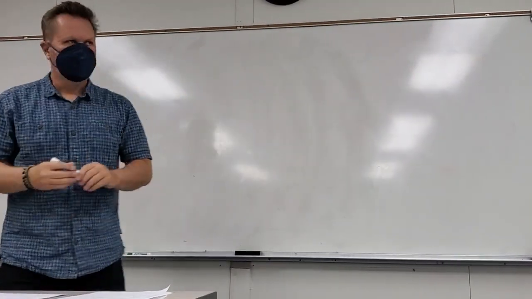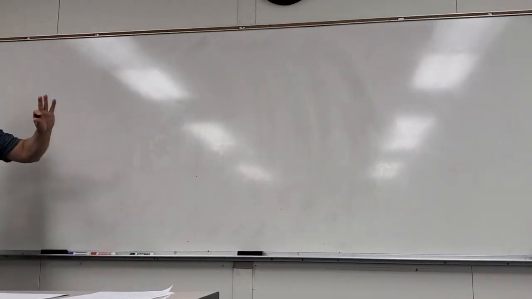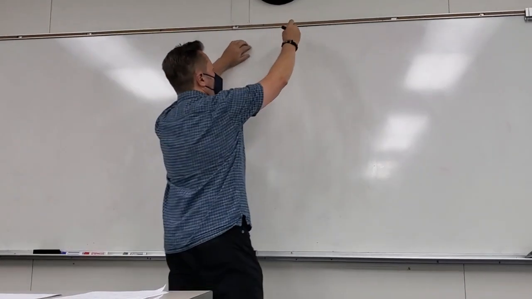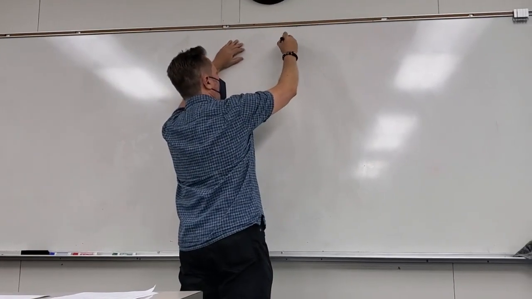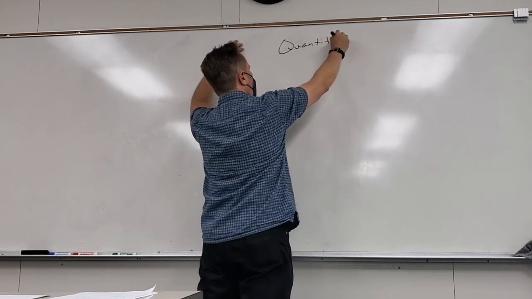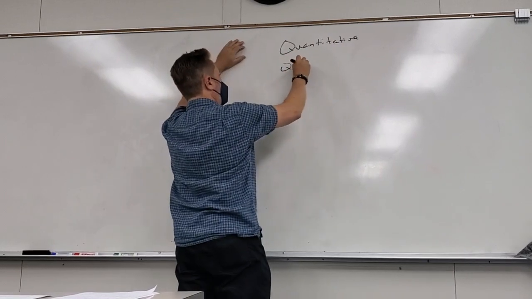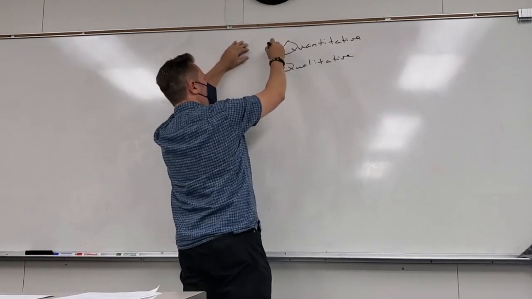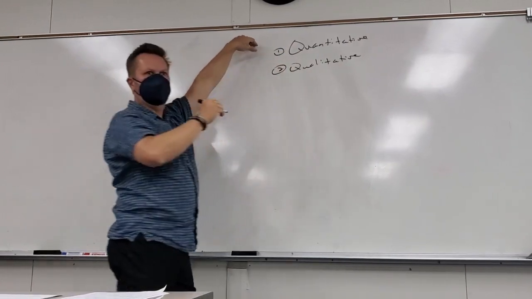Okay. So, just to remind you where we kind of left off last time, we had a couple things. We had quantitative and qualitative. These are the two big ways to break data down.